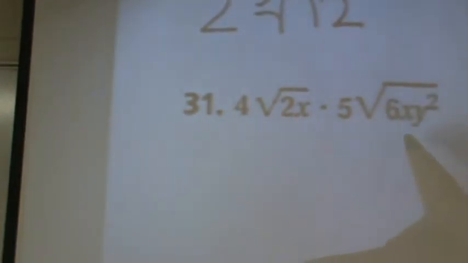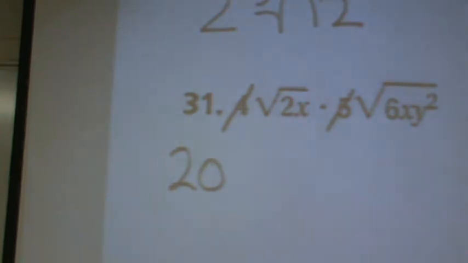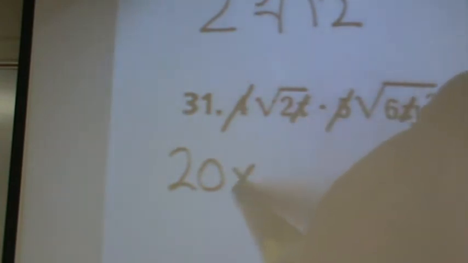Number 31. 4 times 5 is 20. You've got an x you can take out. You've got a y you can take out.